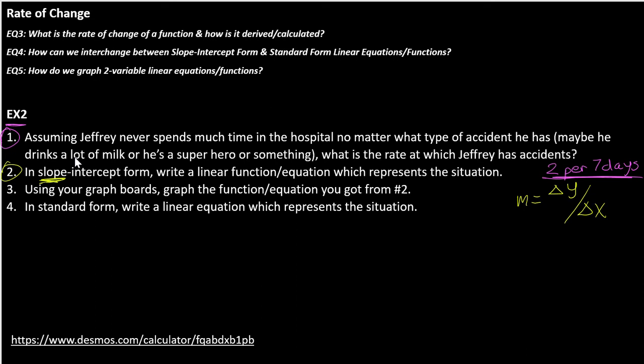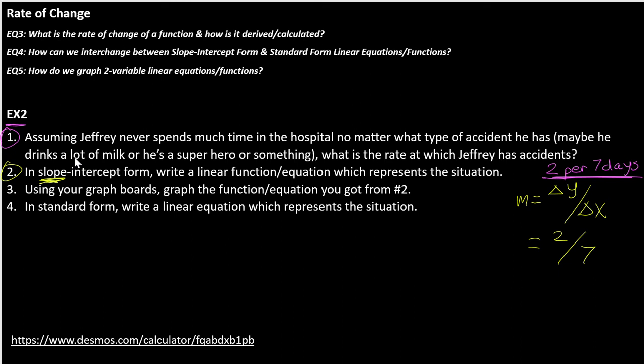So change in y relative to change in x, or accidents per 7 days, right? So our slope is 2 per 7, or 2/7. That is our ratio of accidents to days, right?